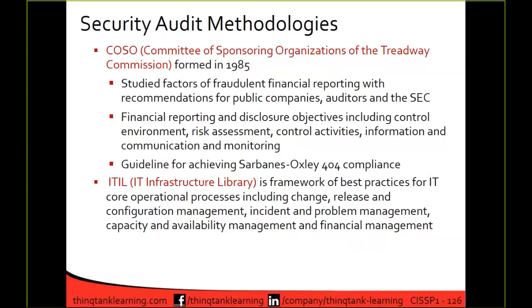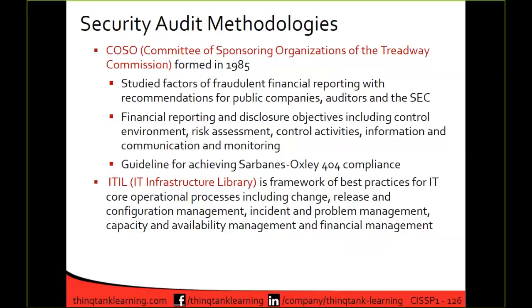And the goal was to guide executive management, governance, and organizations and entities on aspects of organizational governance, business ethics, internal control, enterprise risk management, financial reporting, et cetera, et cetera. And it establishes common internal control models so that companies and organizations can assess their control systems to identify whether or not they're meeting those particular requirements.